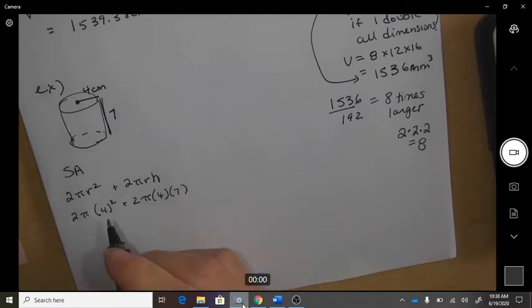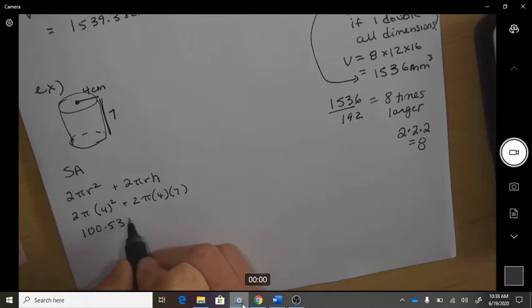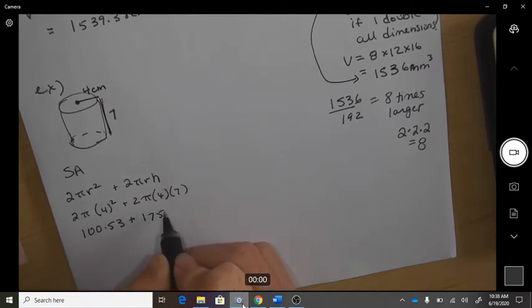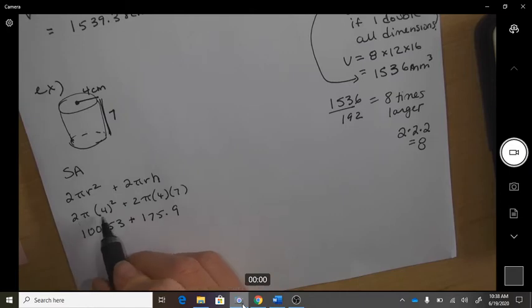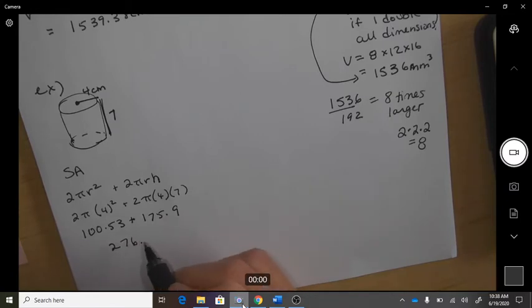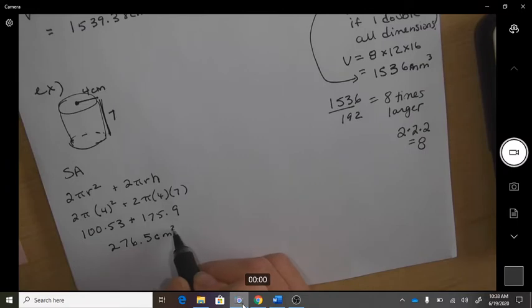I suggest calculating these separately. If you're really good with your calculator, you could do it in one step. So that chunk plus that piece, and you get 276.5 centimeters squared. Squared, right? It's area.